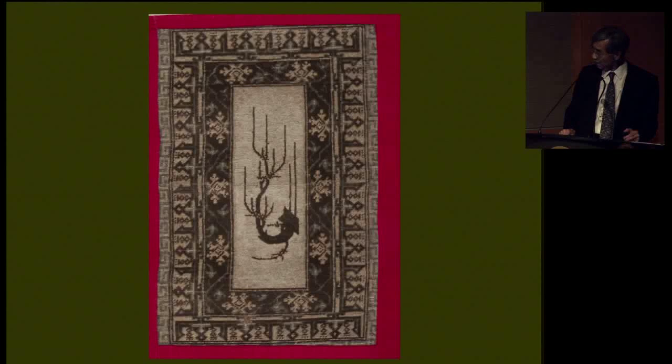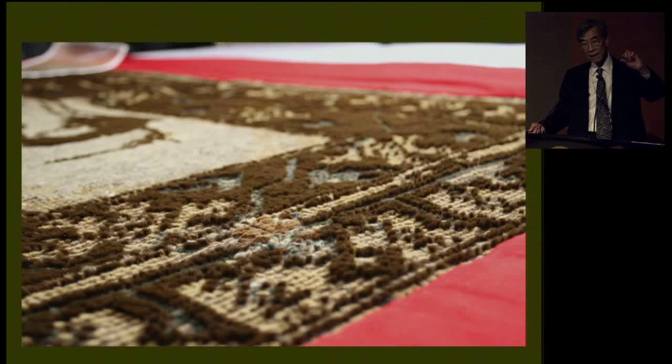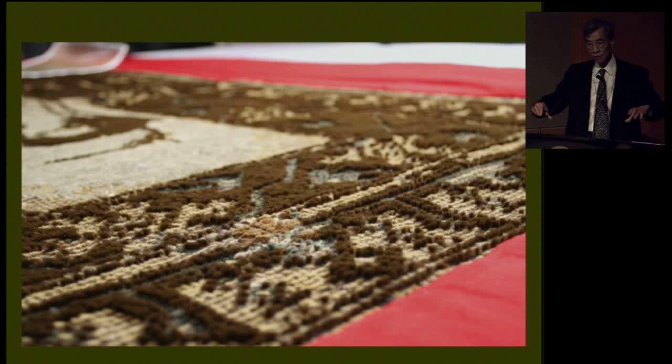But even more interesting is this. If you look at that carpet from the side, you will see that the border pattern and the plum tree are now raised half an inch above the ground of the carpet. And the reason is that the brown parts, which delineate the main decoration, were woven in animal hair.